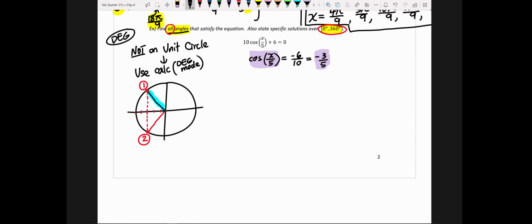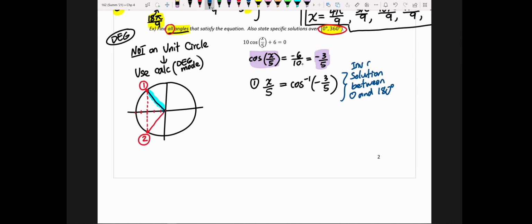Okay. So let's check our calculator. We're getting the solution for the input x over 5. Our calculator is going to give us the solution between 0 and pi, or in degrees, between 0 and 180 degrees. So when we do inverse cosine of -3/5, we're going to get the solution between 0 and 180 degrees, because inverse cosine gives us the solution between 0 and 180 degrees.